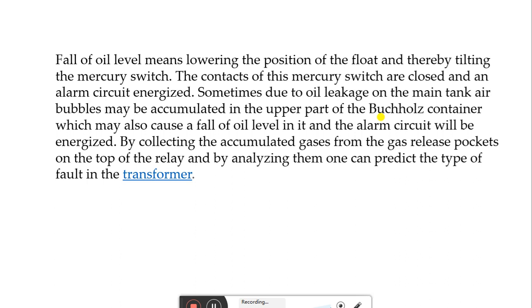So that is how, if there is a leakage in the transformer tank, there may also be bubble formation inside the transformer, and this will cause a fall of oil level, and it will extend the alarm circuit to protect the system. That is how the relay operates.